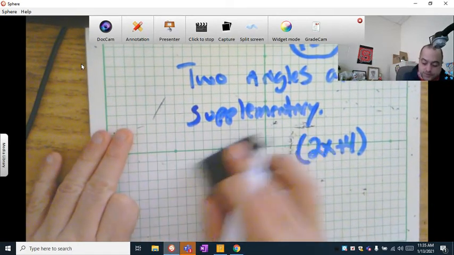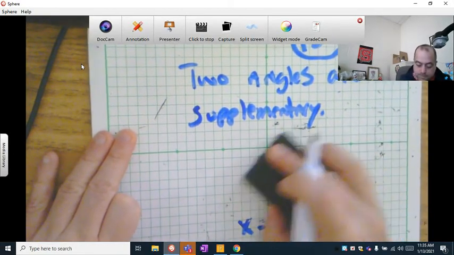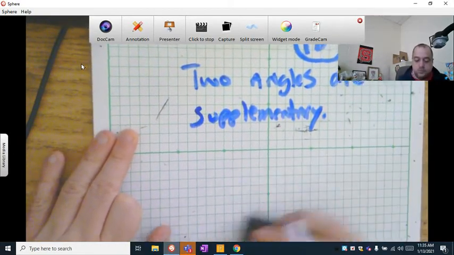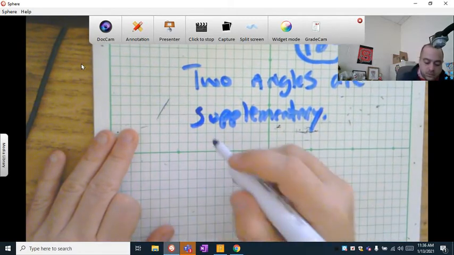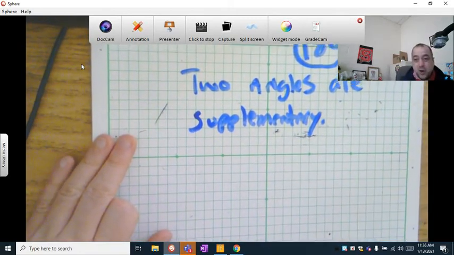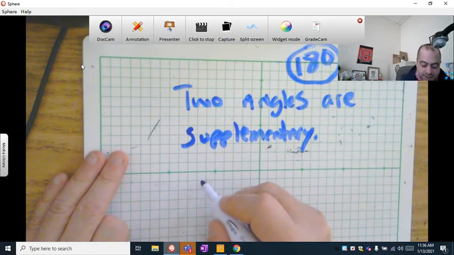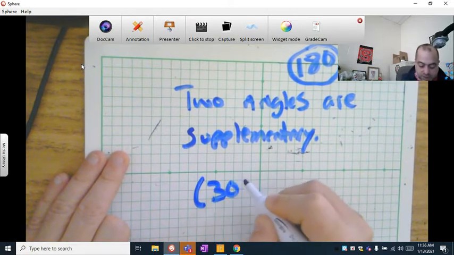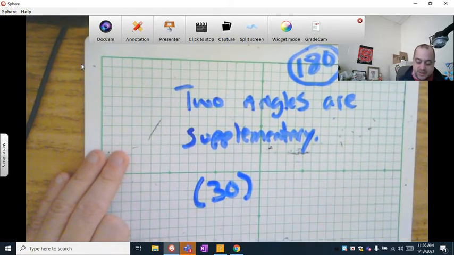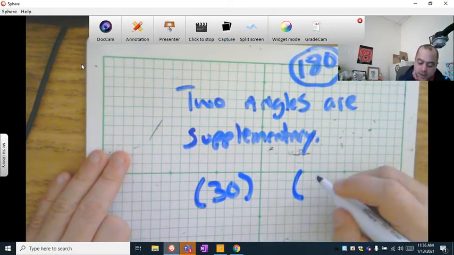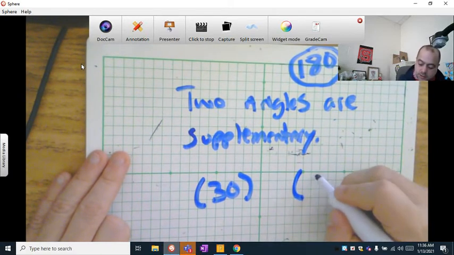Let's try another one. Let's say the first angle, they're supplementary. Let's say the first angle is 30, just plain old 30. And let's say the second angle is 5y.